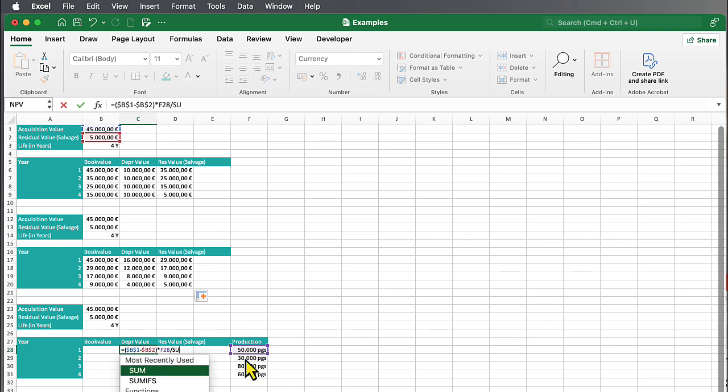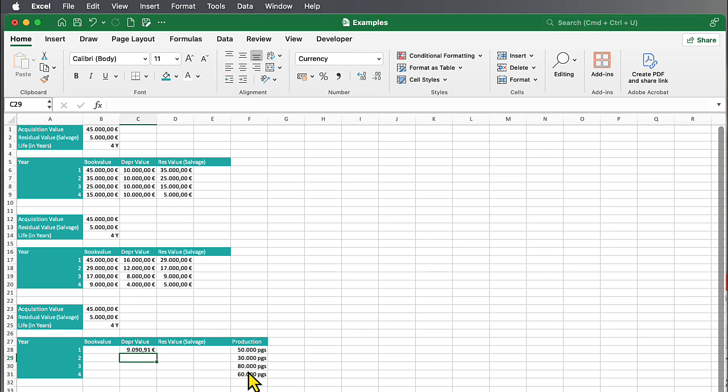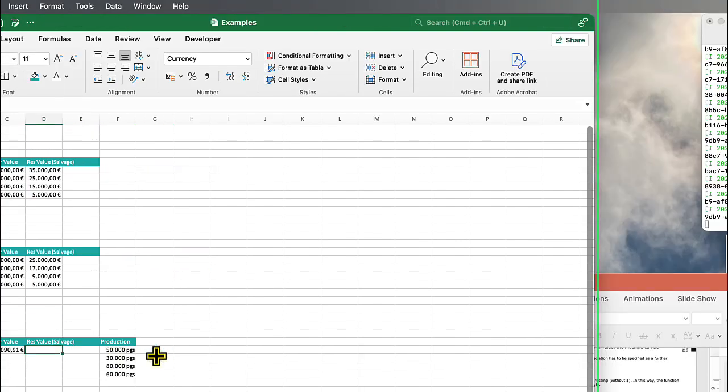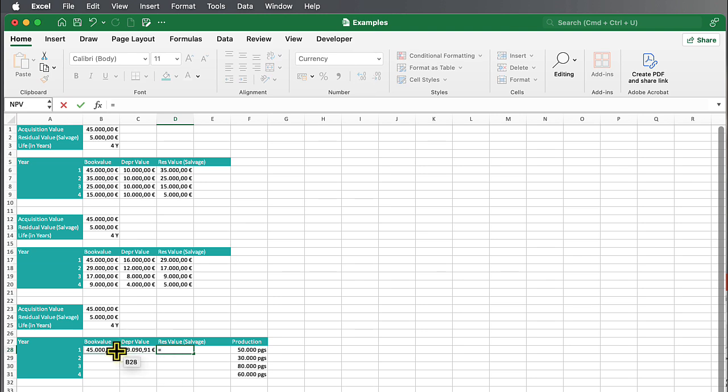So let's say the sum of these values. And then we get a depreciation of 9,090 euro. And here we do the same basically as before. So this is 55,000. Yeah, and the residual value will be the difference of those two values.